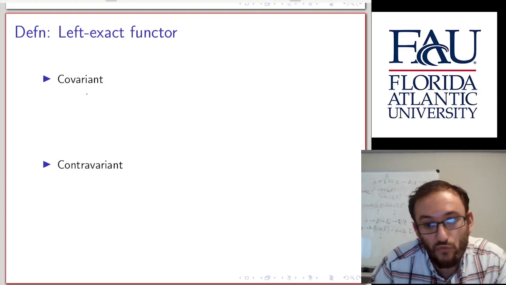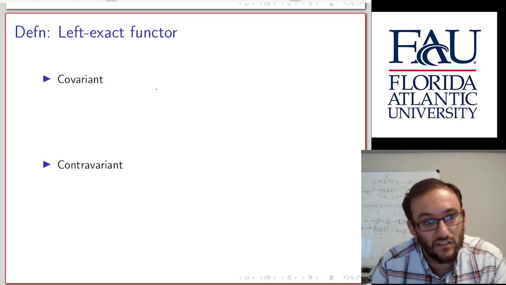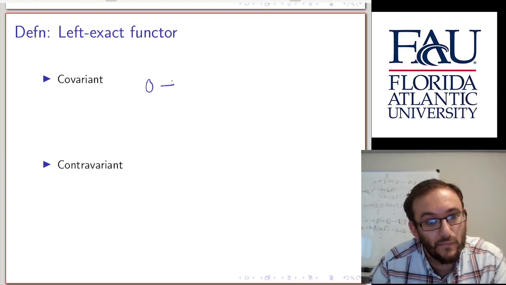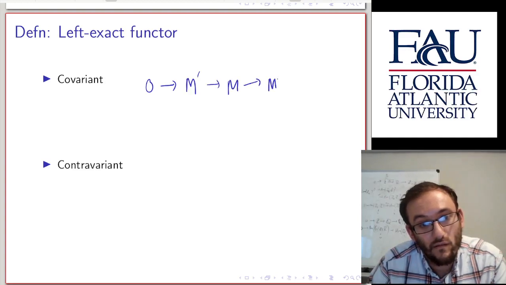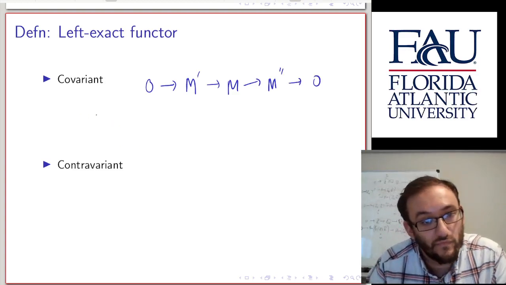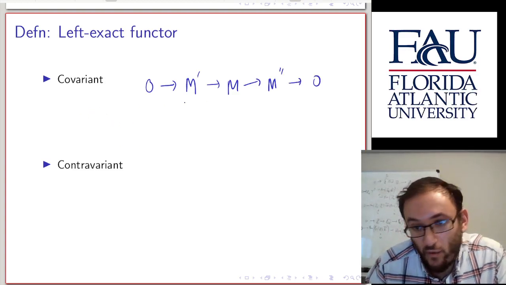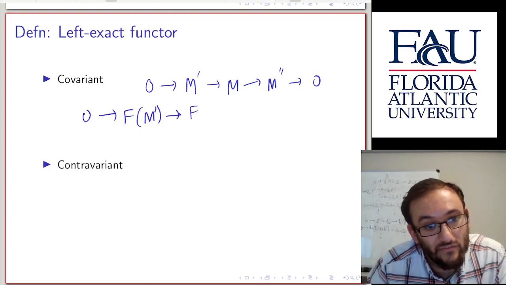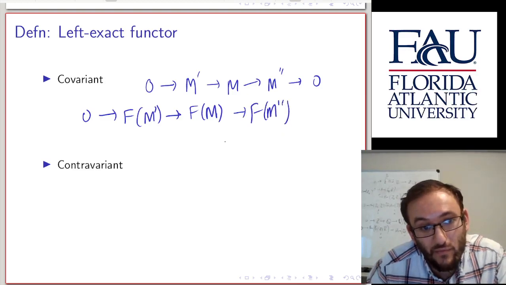So for covariant functors, a left exact functor is one which takes this sequence, and when I apply the functor, I get 0 to F(M') to F(M) to F(M'') is exact.